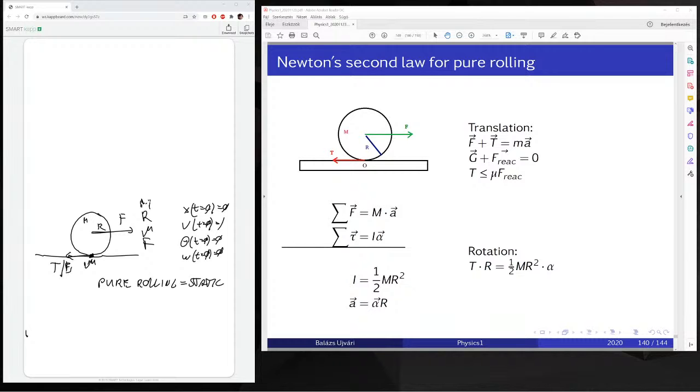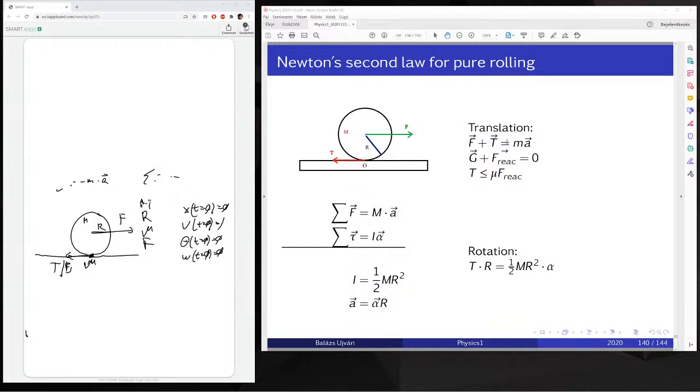Alright, try to solve it with some assumption, and this assumption again is that this is a pure rolling. What are the equations I should use? For translation, the sum of the forces equals m times a.